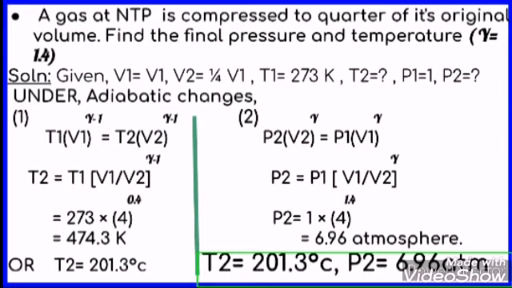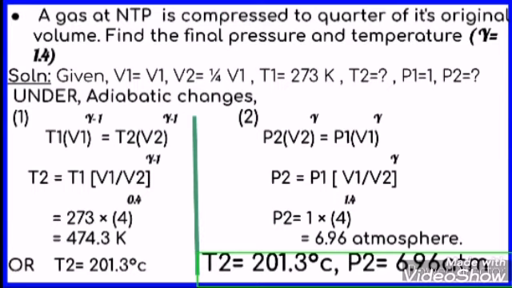First of all, we have to note down the given values. The original volume is V1 and the final volume is 1/4 of V1. T1 is 273 Kelvin, P1 is 1 atmospheric pressure, and we have to find the final temperature and pressure.